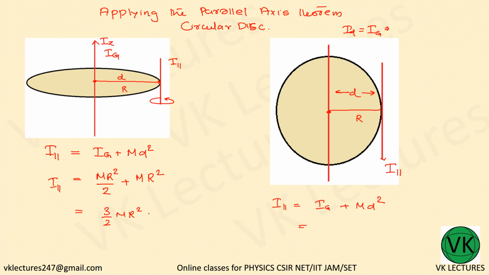Now what is IG? We know it's ID, that's equal to mr squared by 4, plus mr squared, because d equals r, so this becomes 5 mr squared by 4. So this is the application of the parallel axis theorem to a circular disc around the circumference or the edge.